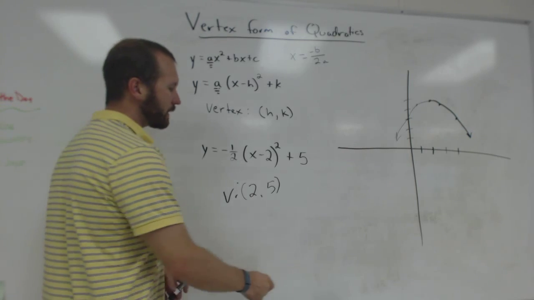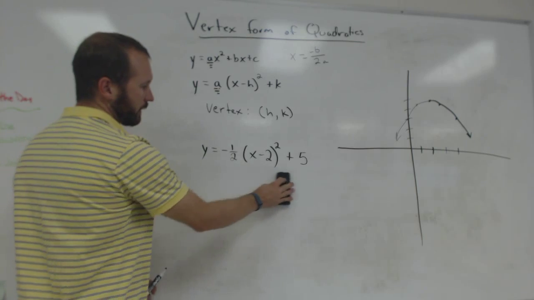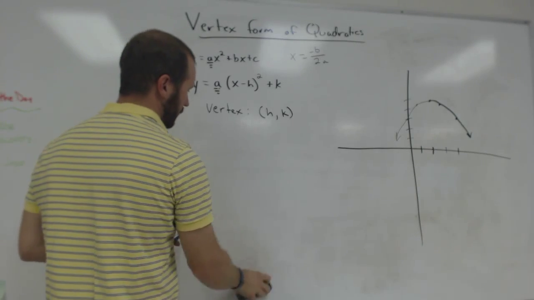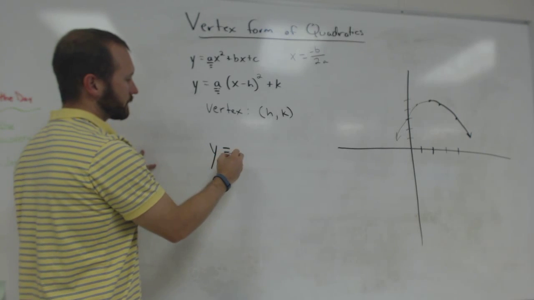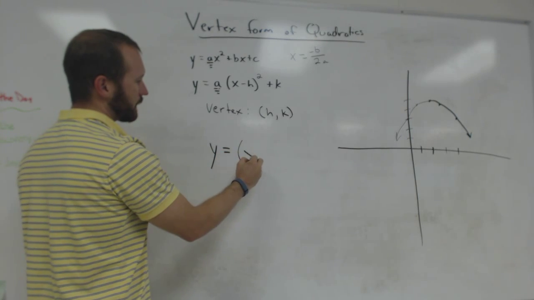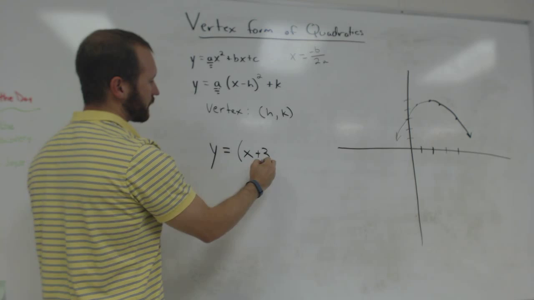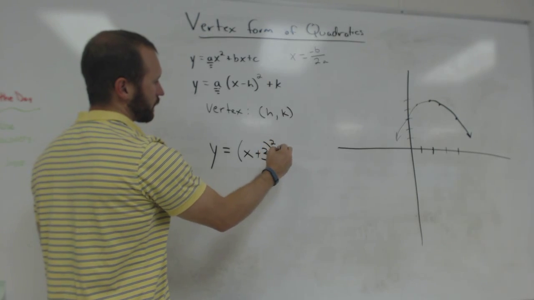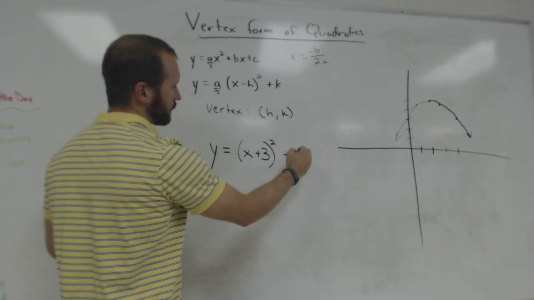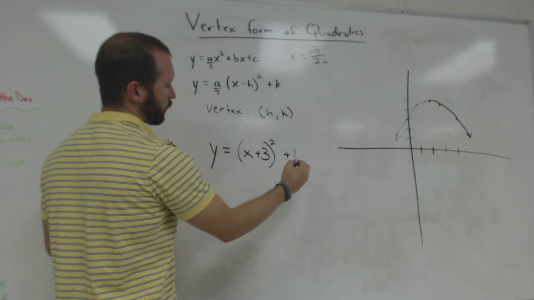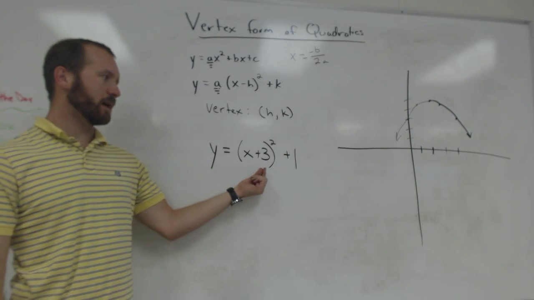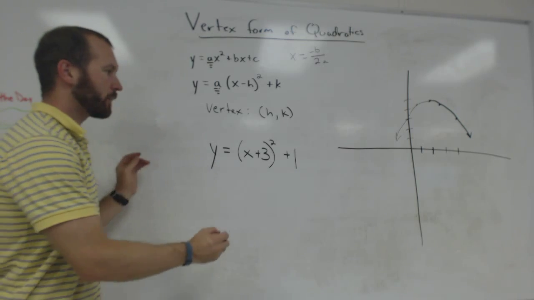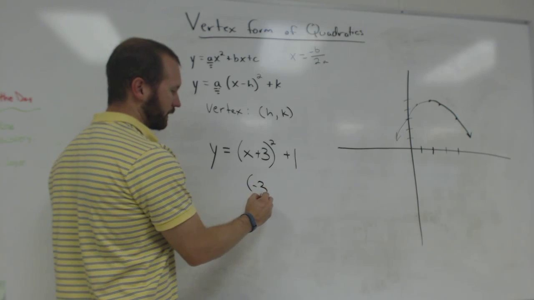Okay, so there's one other thing that we need to be careful with in vertex form, which is what happens when we start changing around the signs a little bit. So let's say I said (x plus 3) squared plus 1. What's my vertex now for this? Yeah, negative 3, 1.